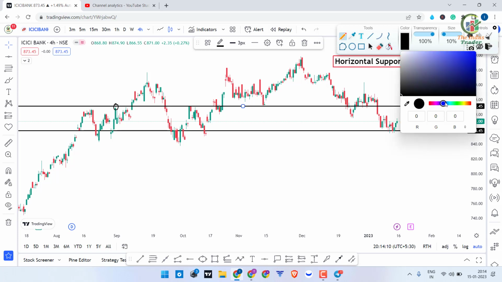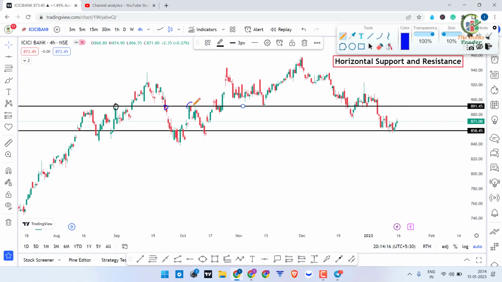I will be more interested in drawing, or giving importance to, the level which has more touches. If you see this particular strike, how many touches can we see? This is the first rule: we got maximum touches. Second thing, it is a very good level because it's satisfying our conditions.